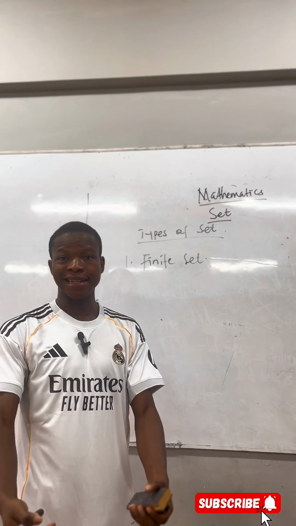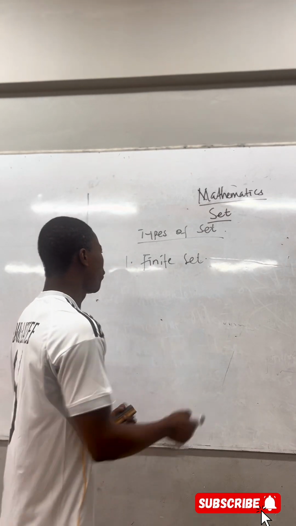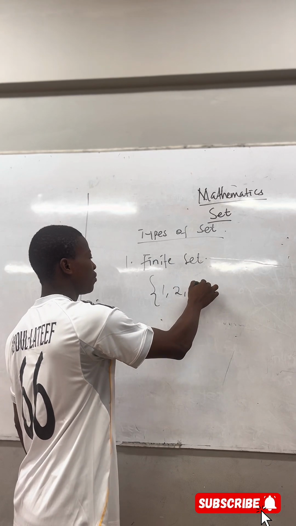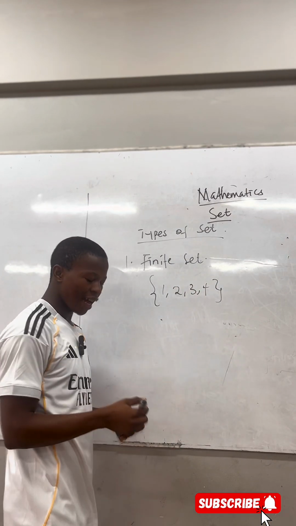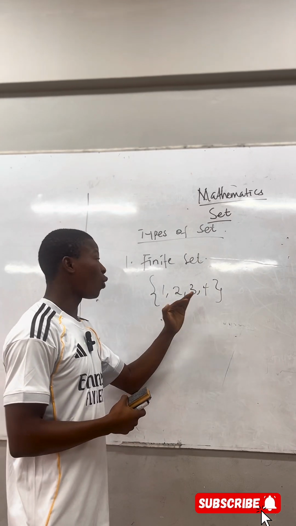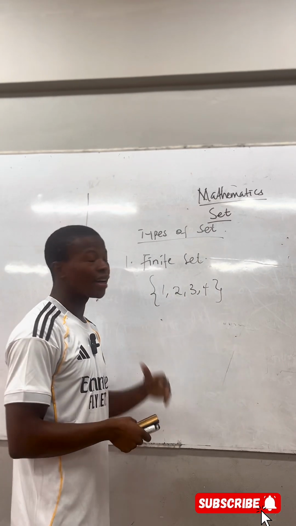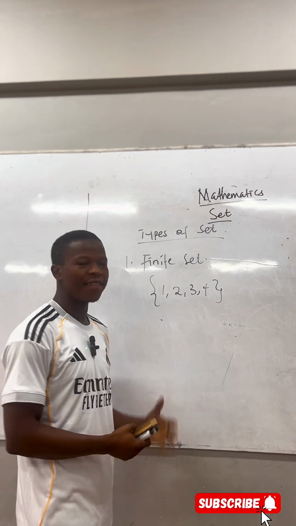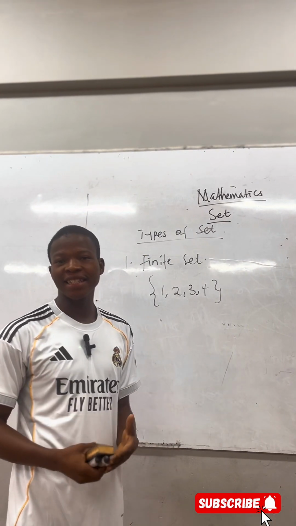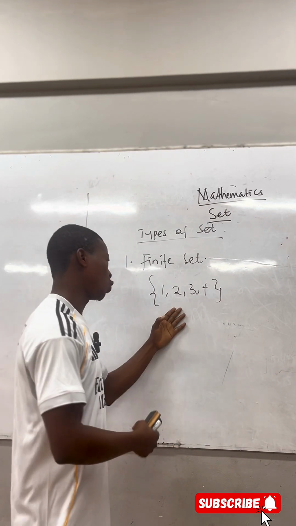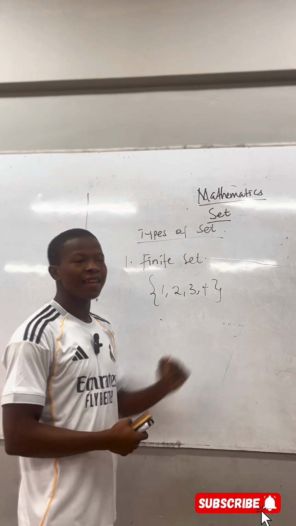If we have 1, 2, 3, 4, this is a finite set because we know its last element or its last member. Any set whose last member is known, we call a finite set. So a finite set is a set whose last element or member is known.